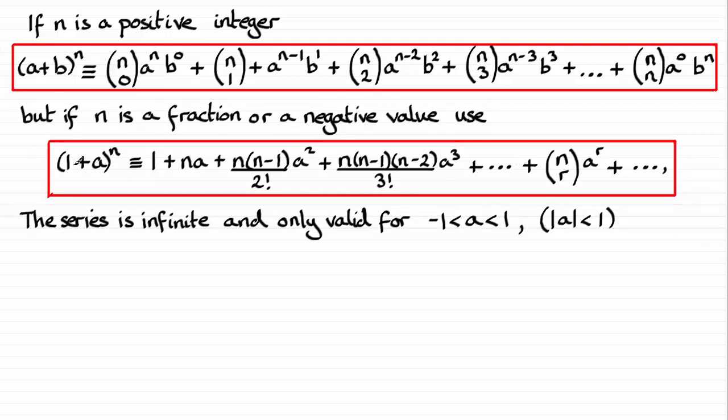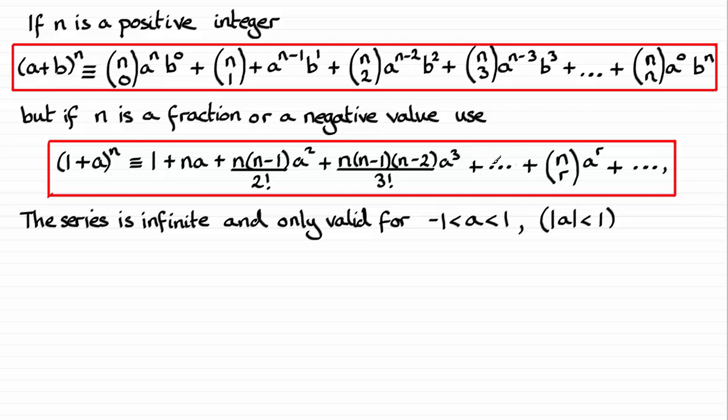It's this one here, 1 plus a to the power n, where n is a fraction or a negative value. It's given as 1 plus n times a plus n times n minus 1 over 2 factorial a squared. And you can see the pattern emerging here, I hope. The next term is n times n minus 1 times n minus 2 over 3 factorial times a cubed.